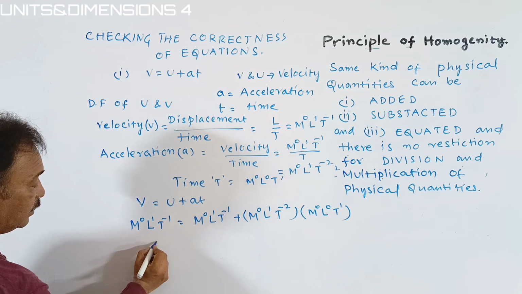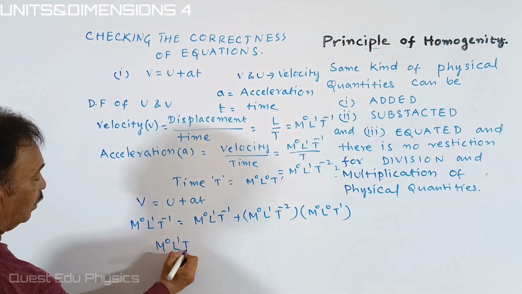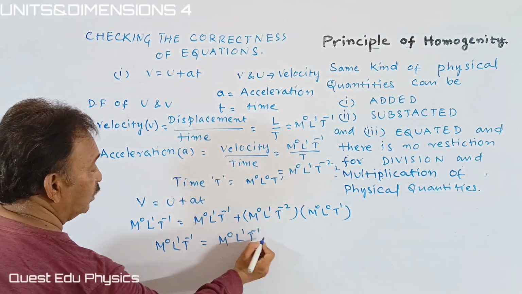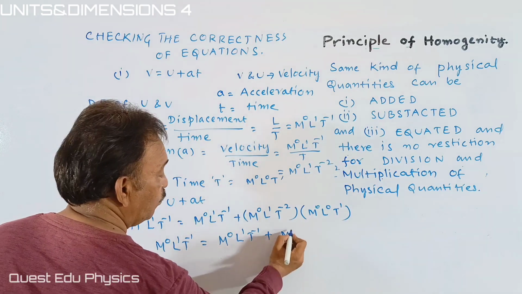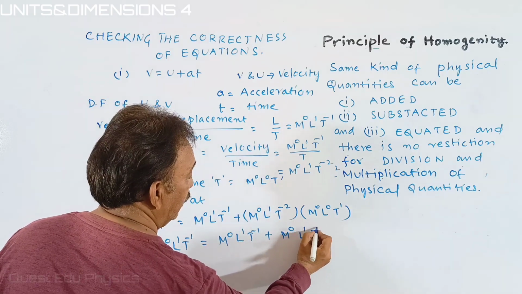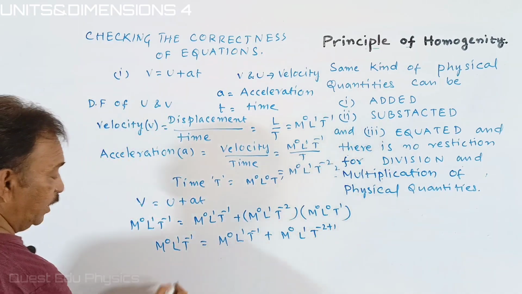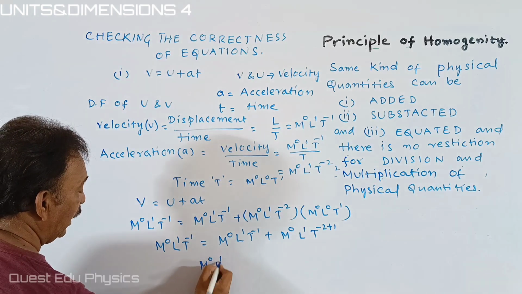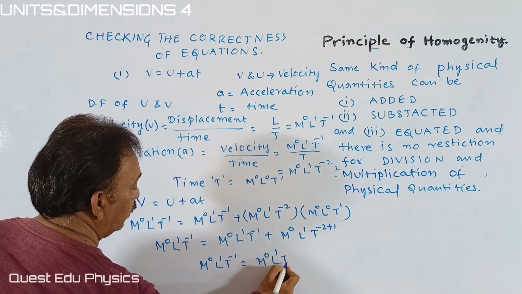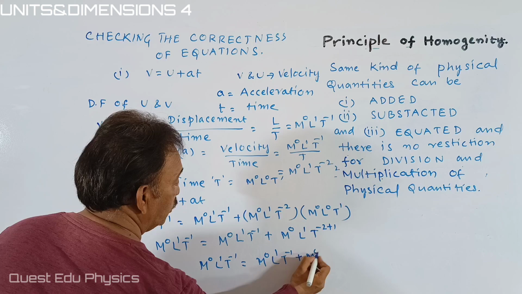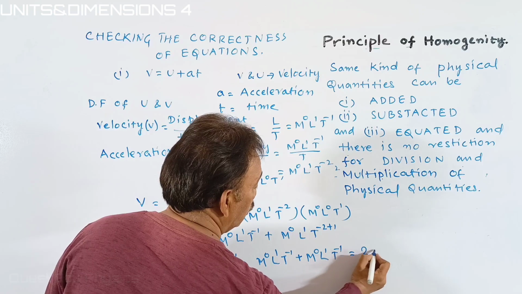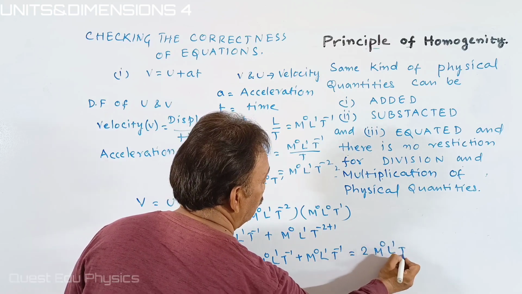Finally, it can be written as M0, L1, T inverse is equal to M0, L1, T inverse plus M0, L1, T inverse 2 plus 1, which means M0, L1, T inverse plus M0, L1, T inverse. It might be 2 into M0, L1, T inverse.